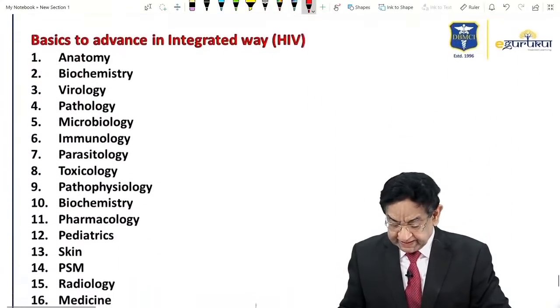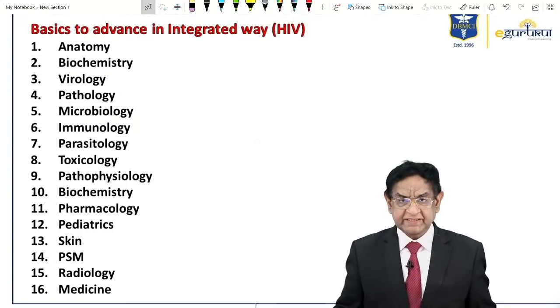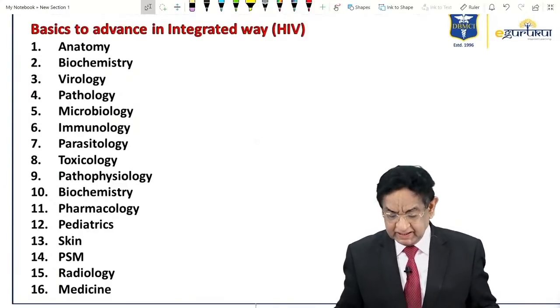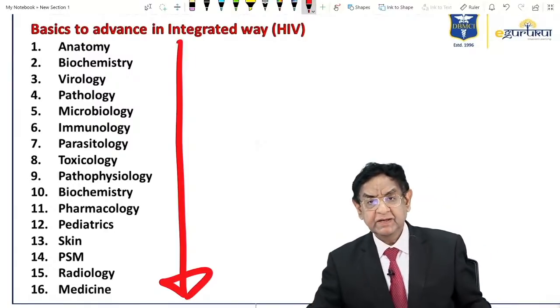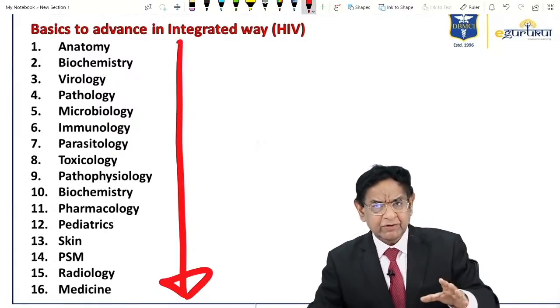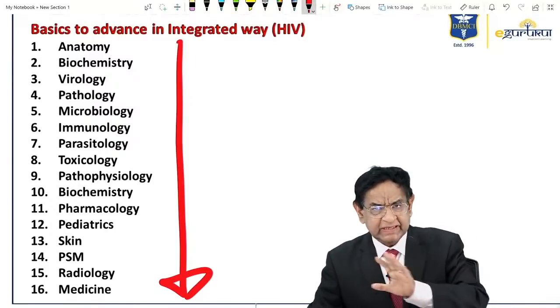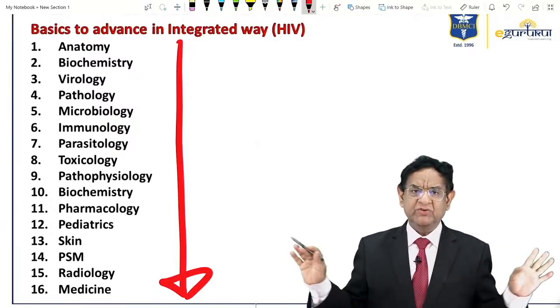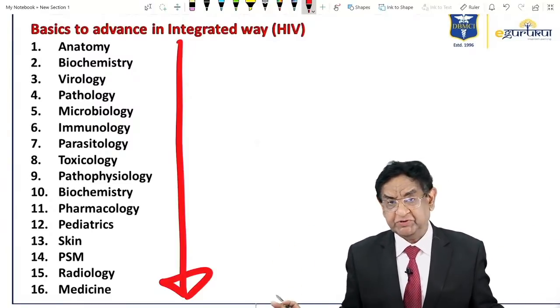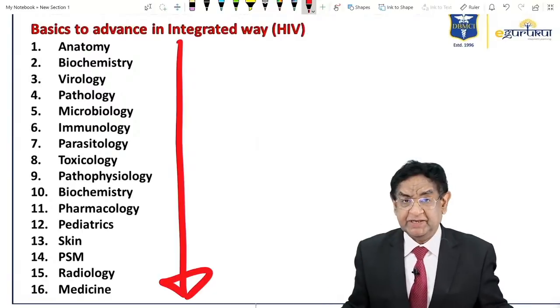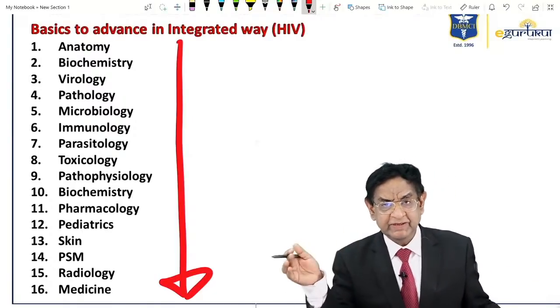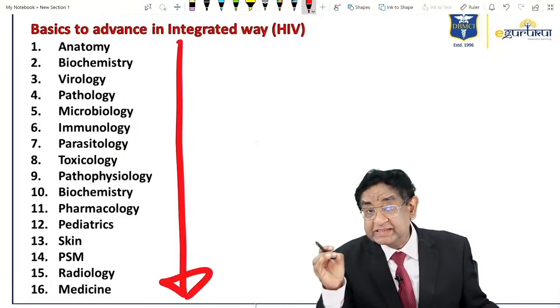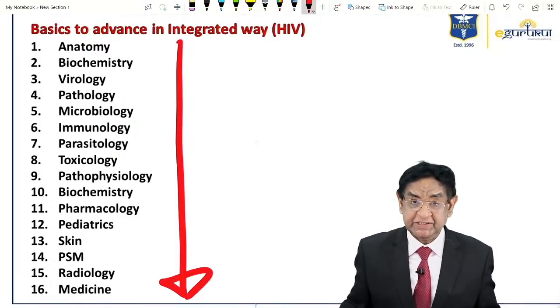Whenever I take a class, like the lecture I have taken on HIV, I included all the subspecialties. After that, you don't need to read any book or notes. Everything is given and you'll find you are fully saturated with integration, the way today I integrated physiology, pharmacology, everything. That is what is needed.